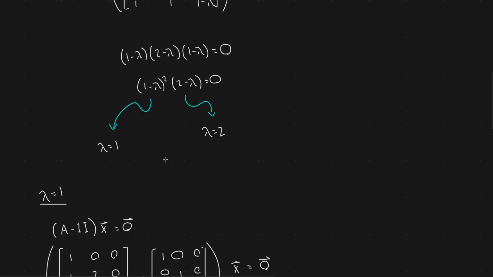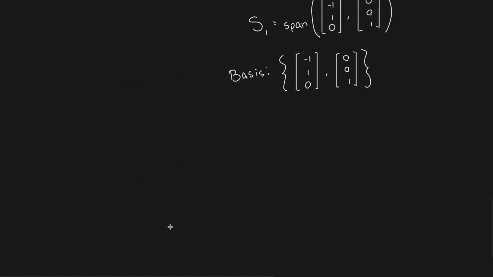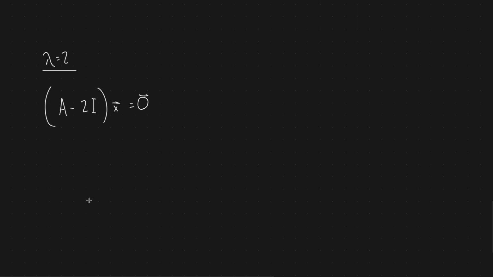We need to find a basis for the eigenspace associated with lambda equals 2. So as before, plug 2 in for lambda in the homogeneous equation. Then we want to solve this, so we need to figure out what my coefficient matrix is.